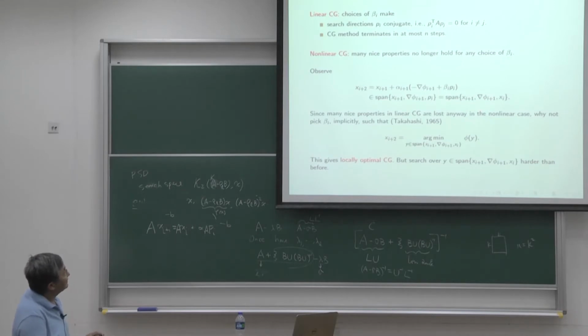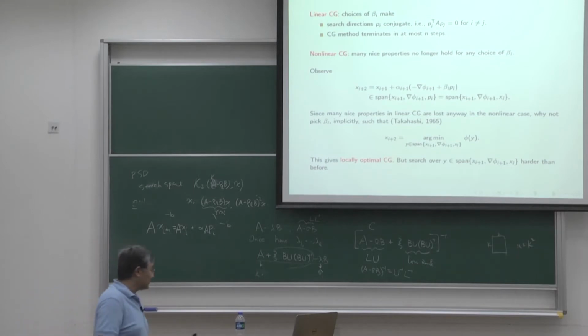His idea was to find the next one that minimizes the function in this space of dimension 3. That's how locally optimal comes in.